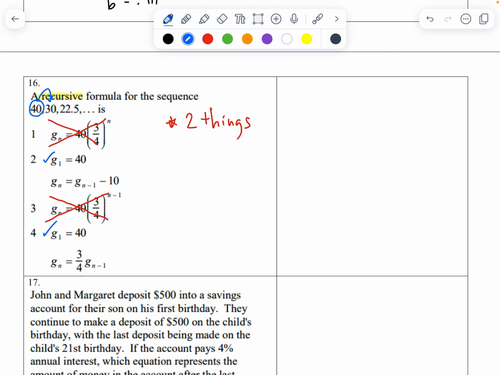But now we need to figure out, well, how do you go from 30 to 22 and a half? Are we adding, multiplying? So if I were going down by 10, my next number would be 20. So clearly that's not the answer. So I'm going to go ahead and divide the second term by the first term to see what my pattern is.